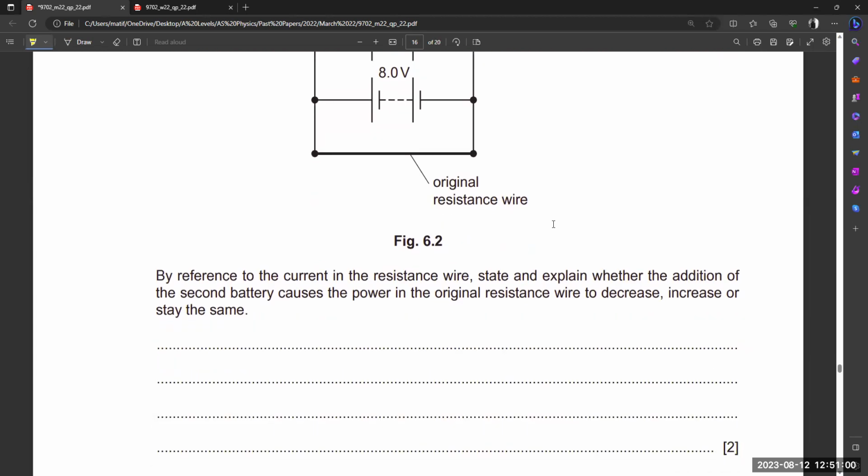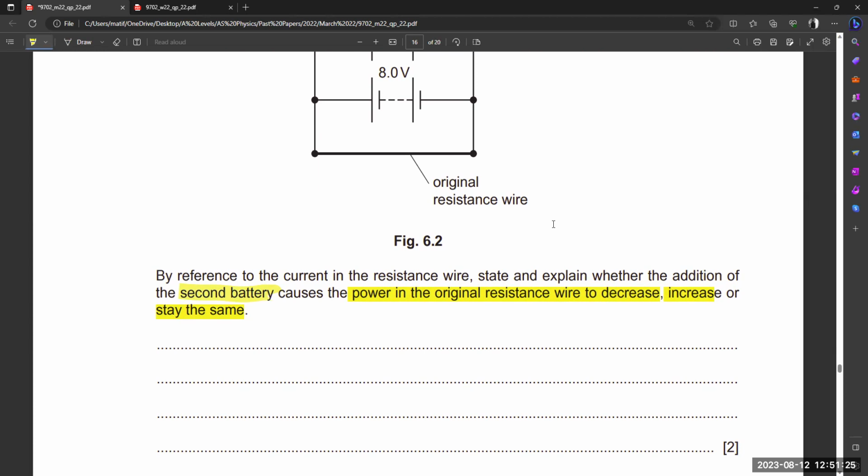By reference to the current in the resistance wire, state and explain whether the addition of the second battery causes the power in the original resistance wire to decrease, increase, or remain the same. When you add the second battery, is the voltage going to overall increase?